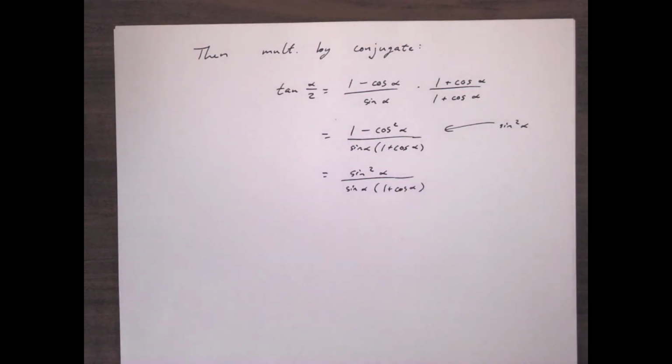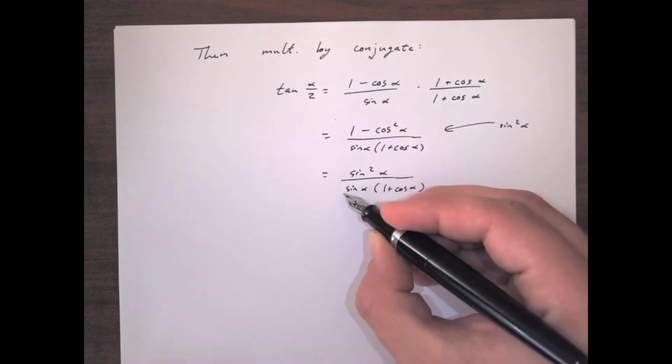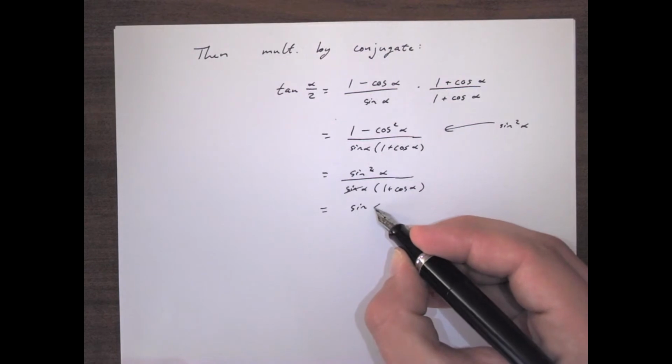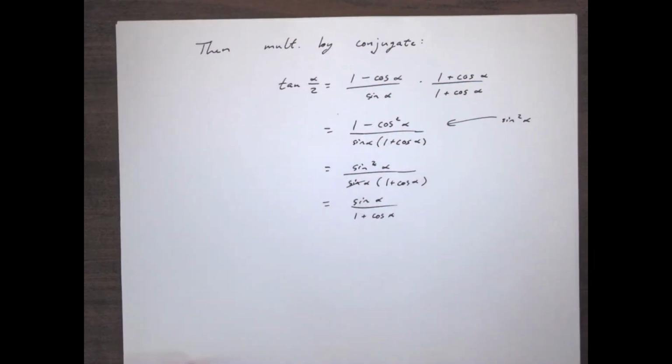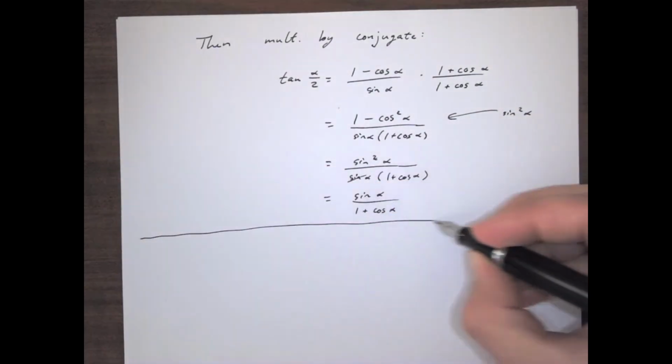So we have sine squared alpha on the top, sine alpha, 1 plus cosine alpha on the bottom. Those will cancel, and that'll give us just a lone sine alpha on the top and a 1 plus cosine alpha on the bottom. So that gives us the other of the two.